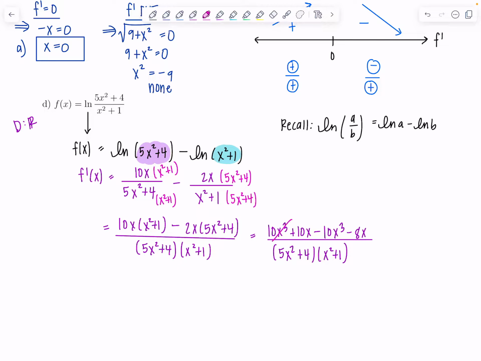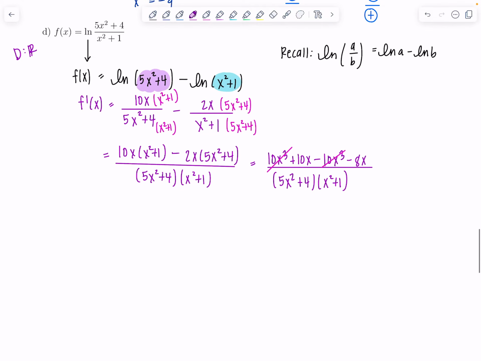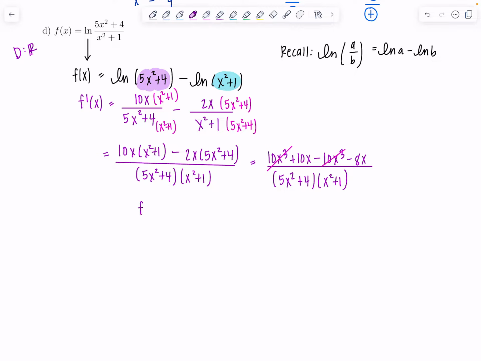Okay, so 10x cubed is gone, and then I can combine like terms. So 10x minus 8x, at long last I can say f prime of x is 2x over 5x squared plus 4 times x squared plus 1.